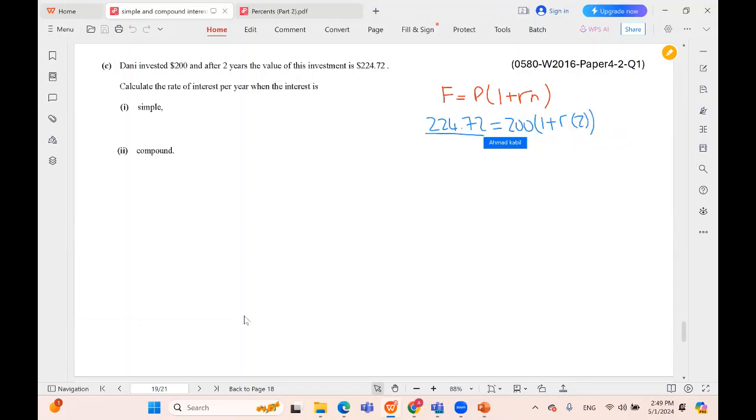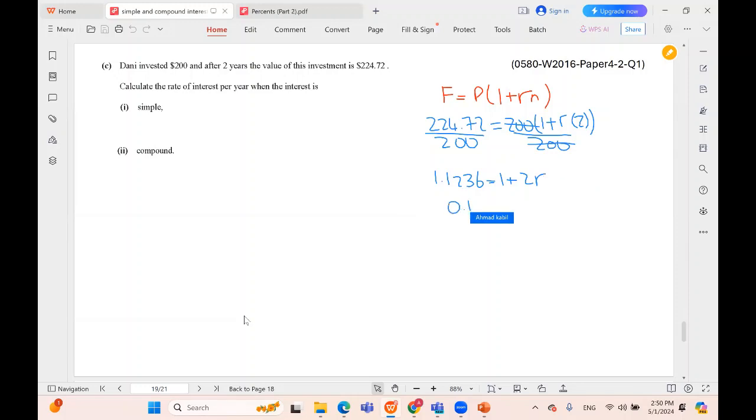So we divide by 200 on both sides. These will cancel out. So 224.72 divided by 200 is 1.1236. And this is equal to 1 plus 2R. Subtract 1 from both sides.